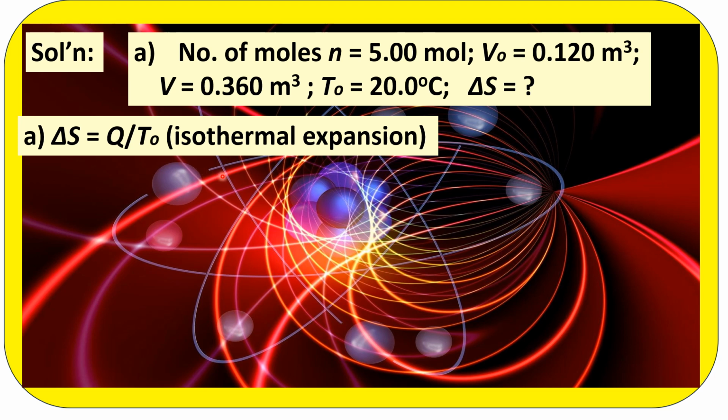The formula for determining the change in entropy delta S is of course equal to big Q divided by the absolute temperature T naught. Before we can calculate for delta S, we need to know what the heat, capital Q, is.